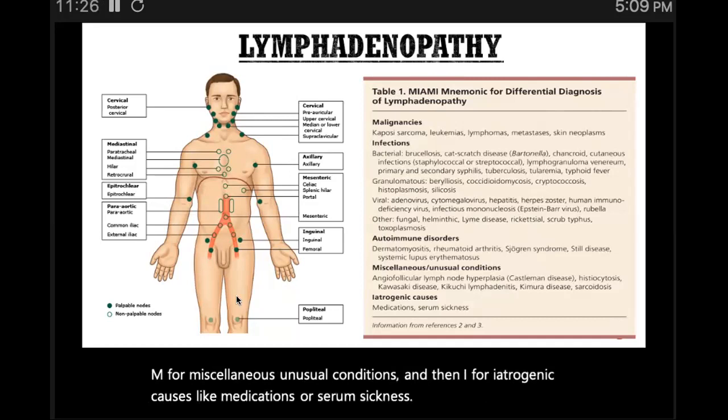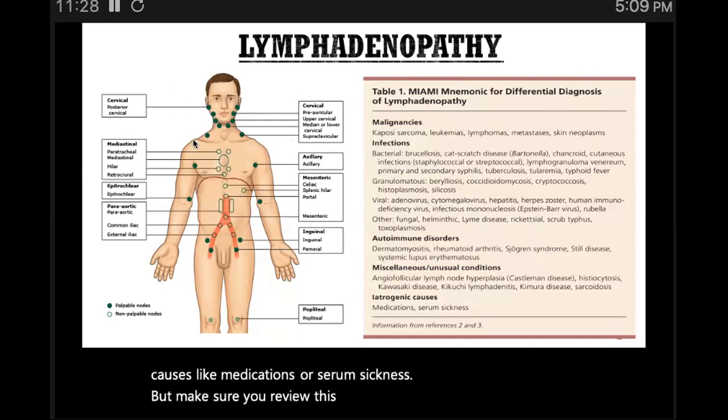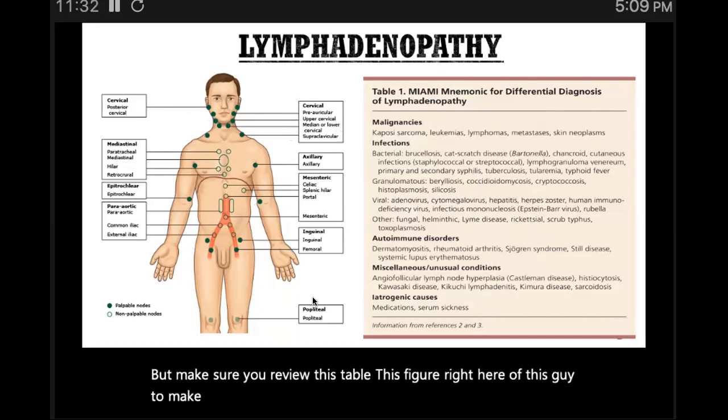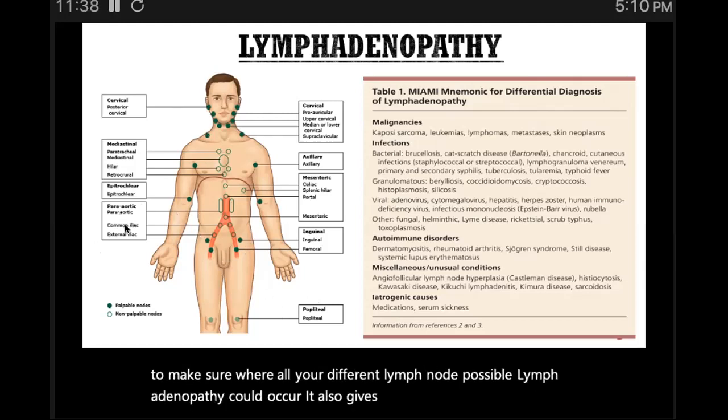But make sure you review this figure right here to make sure you know where all your different possible lymphadenopathy could occur. It also gives you the associated areas of what could be affected.